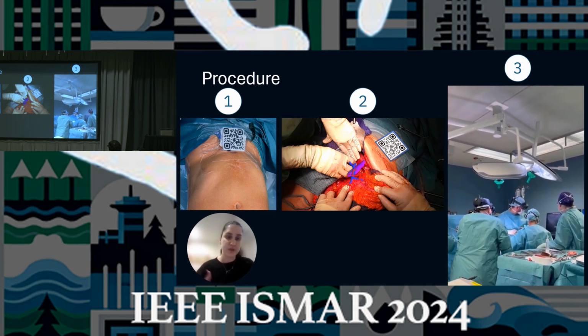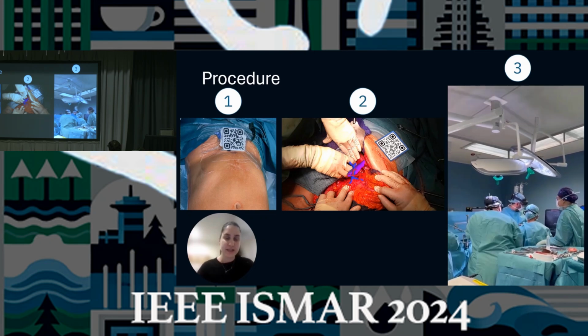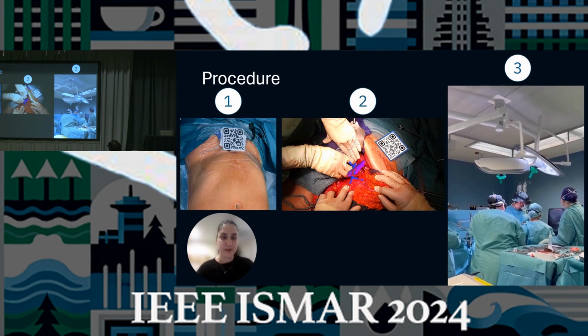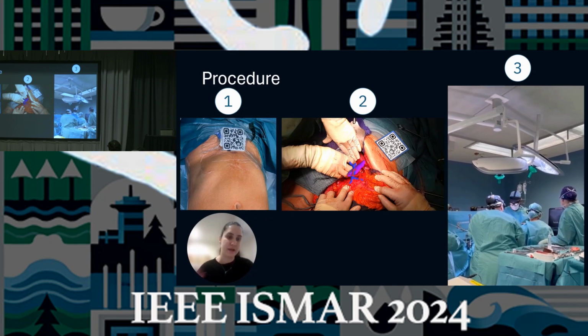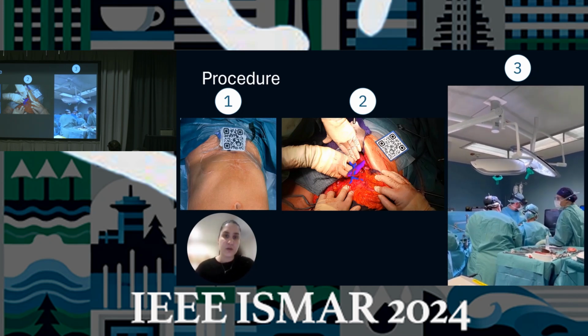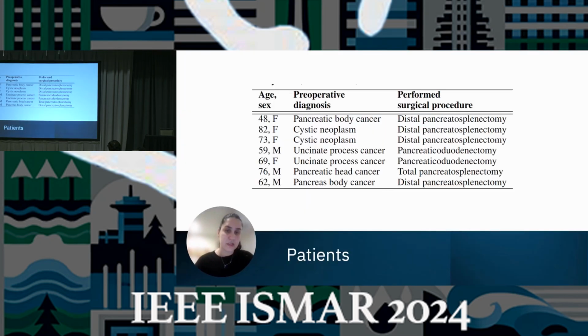As the procedure progressed, they evaluated the accuracy of the system using an ultrasound device, which is a real-time intraoperative device that they commonly use. Our study included 7 patients with 3 different types of operation, which helped us evaluate the system across different operation types.